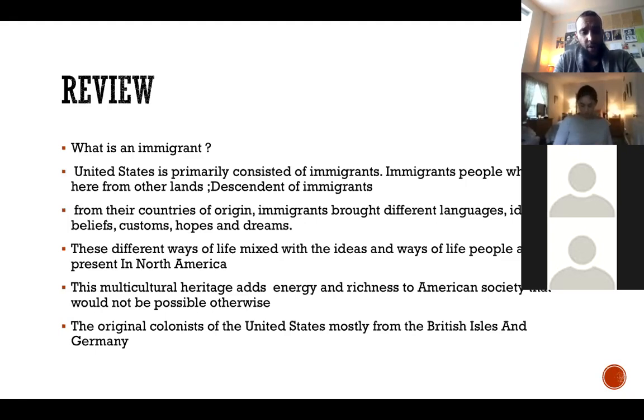Everyone else, whether you are Caucasian, African American, or Latino, and it doesn't matter what your ethnic descent is, you are an immigrant. By definition, we are all immigrants in this country.